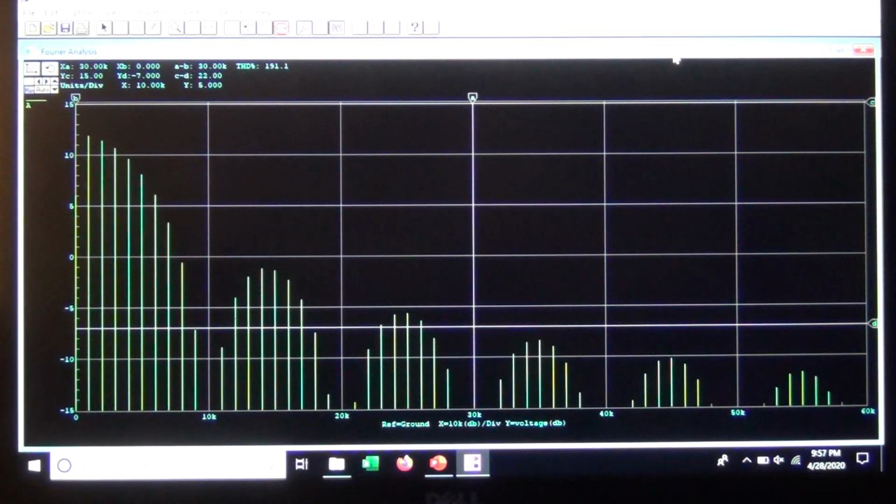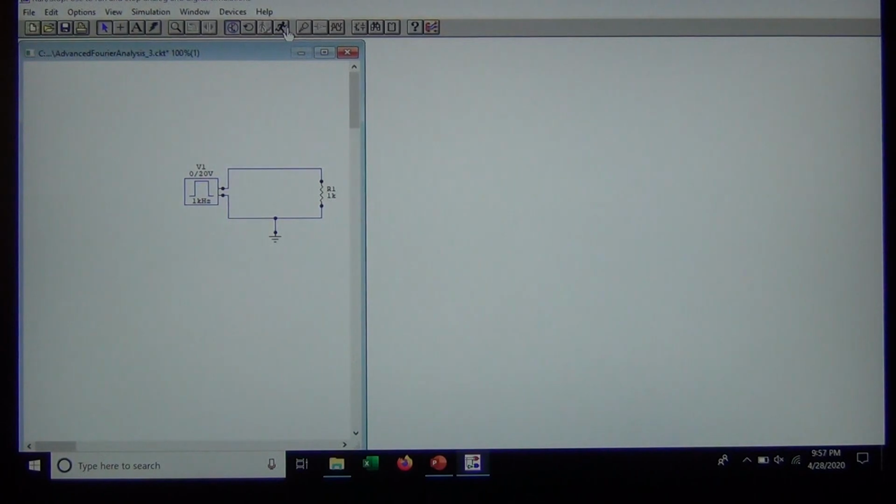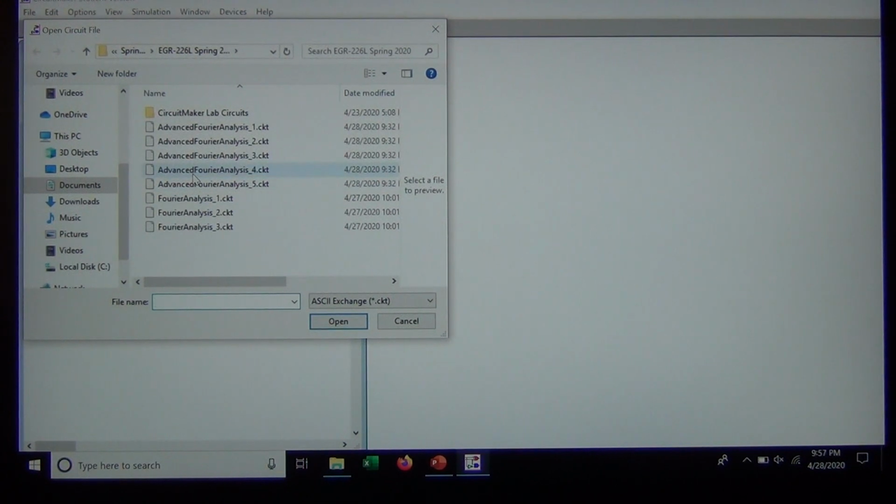Here we're missing the harmonic at 10 kilohertz, at 20 kilohertz, 30 kilohertz, and so forth. But in between we have quite a few other ones, and they're starting to take on a shape. Actually, the pulses here are taking on the shape of a sinc pulse, which is sine of x over x.